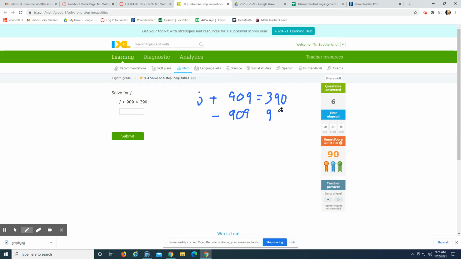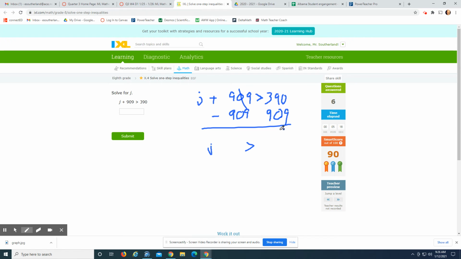That's a mistake. And so I'll have to fix that in just a second. So it should be a greater than symbol. And so what happens is J drops down just like it did before. The 909's cancel. The greater than sign drops down.